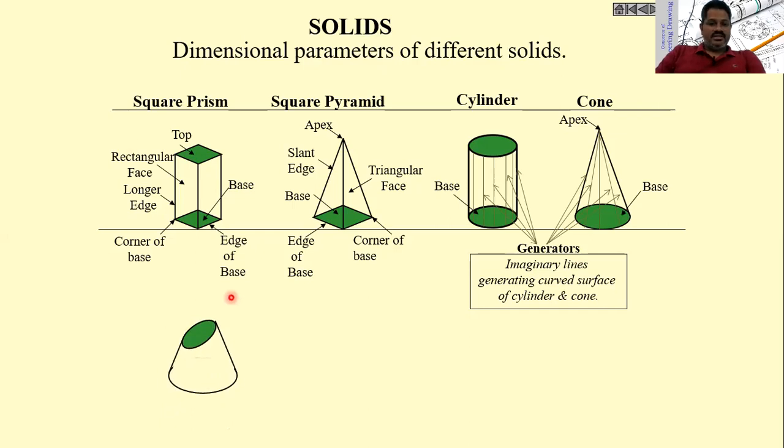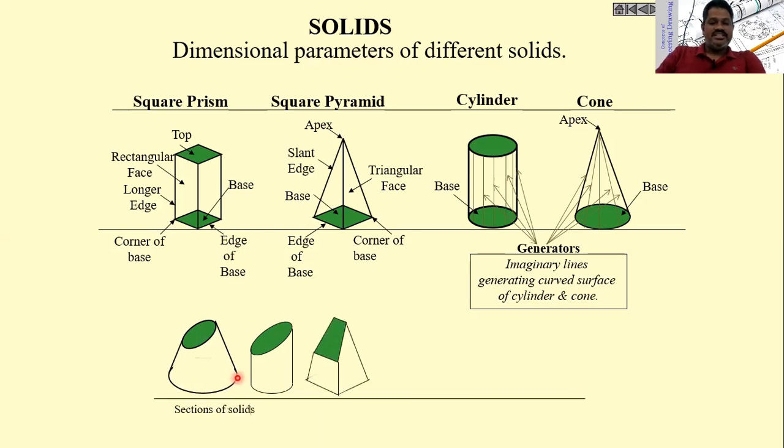The other terminology related to the solids is this: when we do the section of any of the solids that we have discussed as of now, with the section plane not parallel to the base, the surface that we get is not parallel to the base. When we do the section at a certain angle, the exposed surface is not parallel to the base. Those types of solids are called sections of solids.